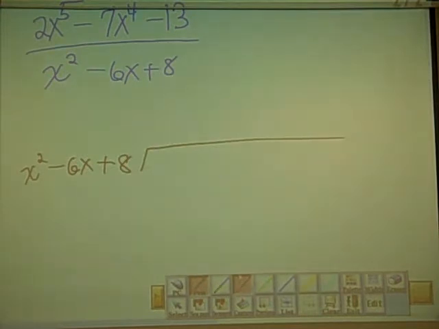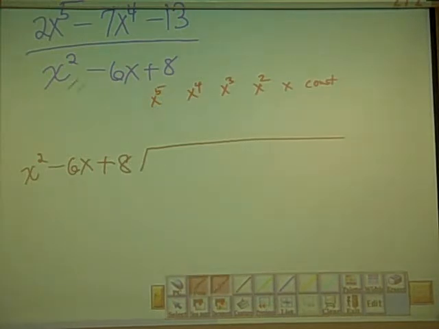And for each place value for x, we have to have a spot. Here we have x to the 5th, we need a place for x to the 4th, and on down: x to the 3rd, x squared, x, and our constant.